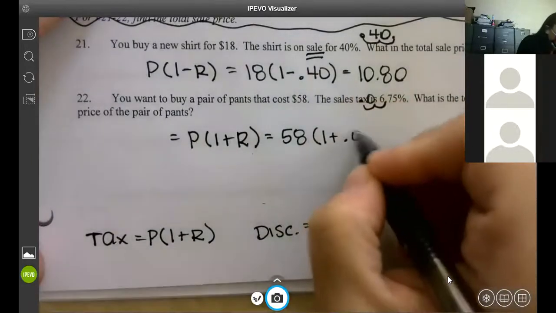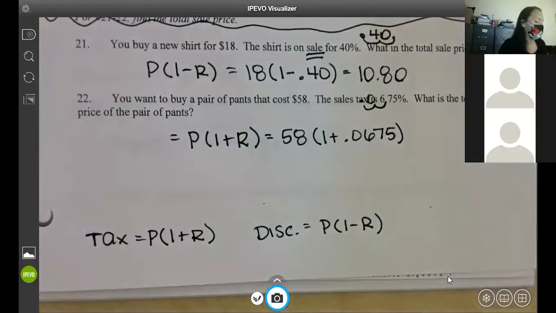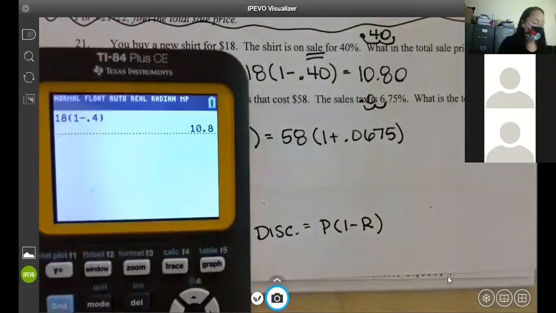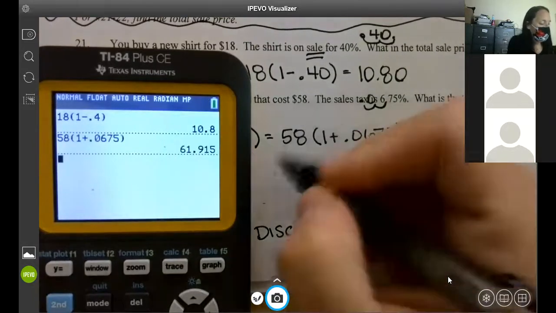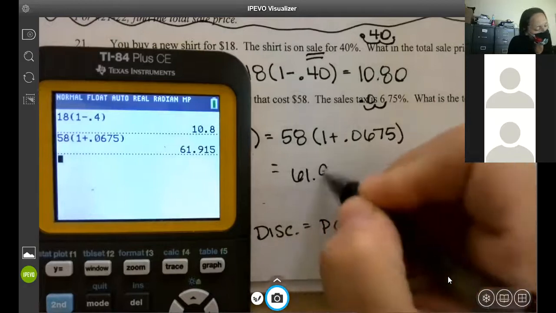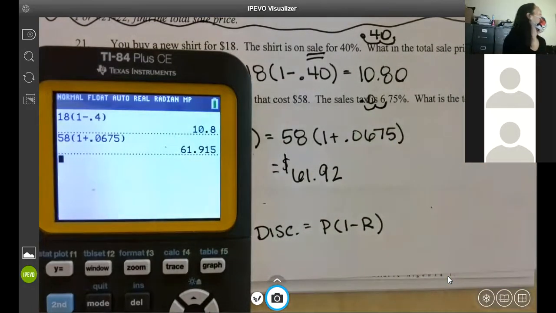So 0.0675. That's where people tend to make mistakes. Put it in your calculator. 58 times 1 plus 0.0675 gives us 61.92. So they will round it for you. Watch that rounding, okay? Any questions on those 2, sales tax and discount? They're fairly easy.